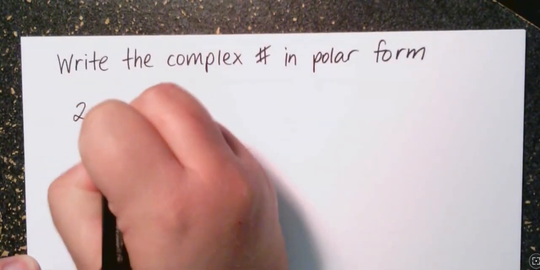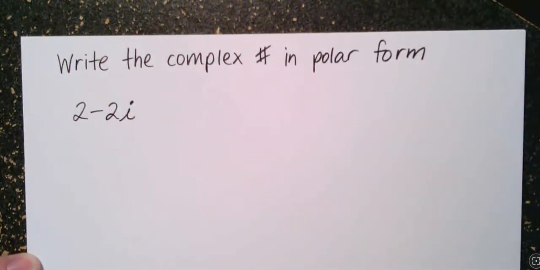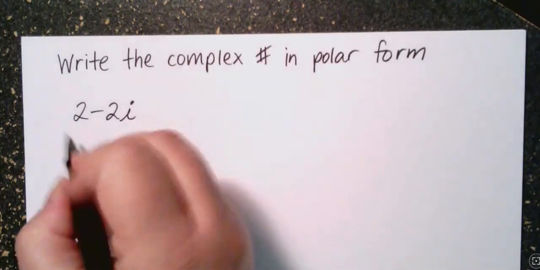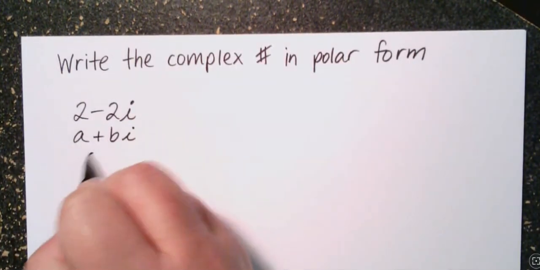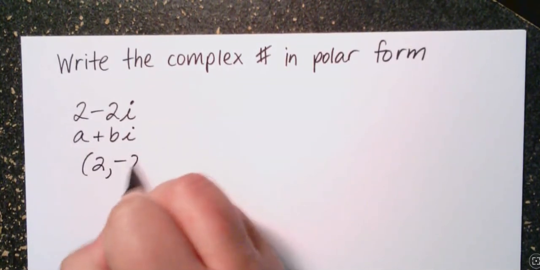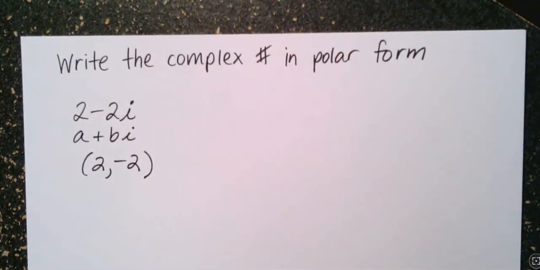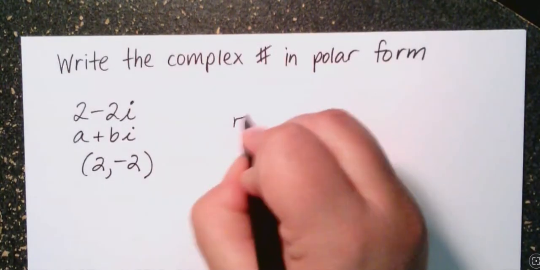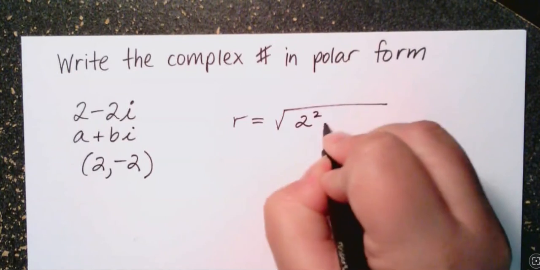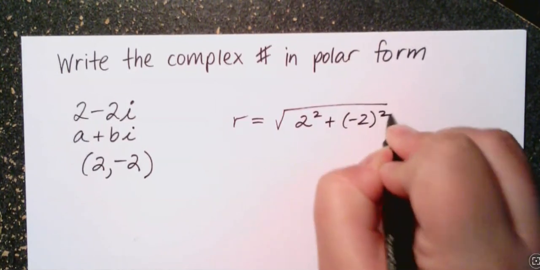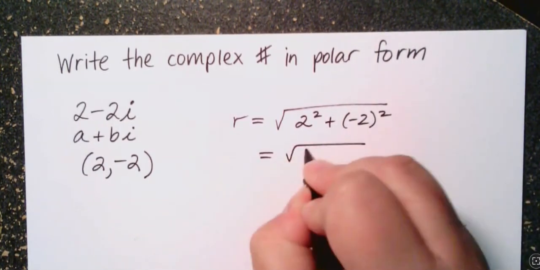Here is 2 minus 2i. So first off, in rectangular form, this is a plus bi. So my a is 2, and my b is negative 2. So if I'm going to write that in polar form, my r is the square root of a squared, or x squared, plus b squared. So that's 4 plus 4, which is 8.